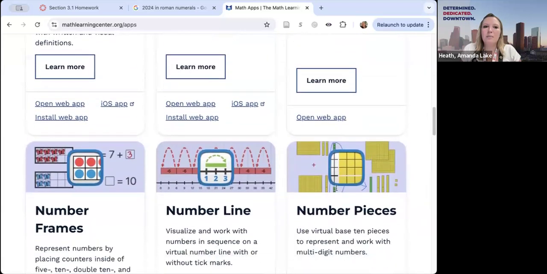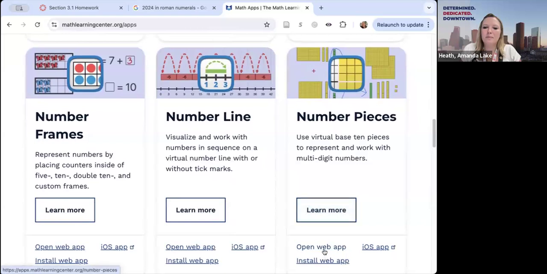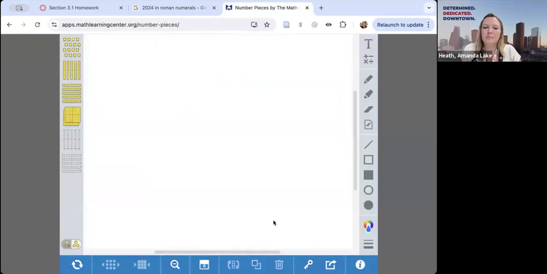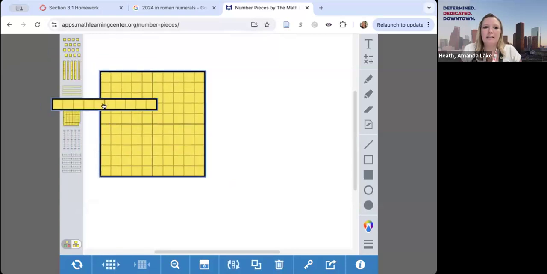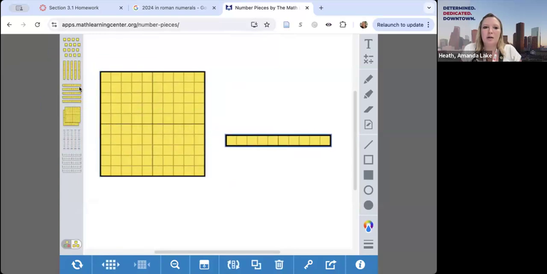So if you open the Number Pieces app, then it will allow you to have your flats, your longs, and they don't have a representative for the big 1000 cube, but that's just one limitation of this app. But let me see, let's delete these.